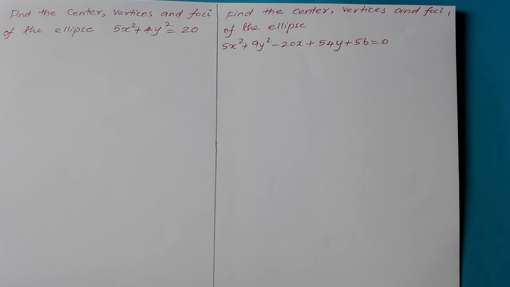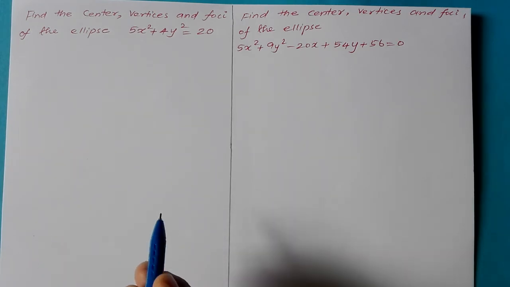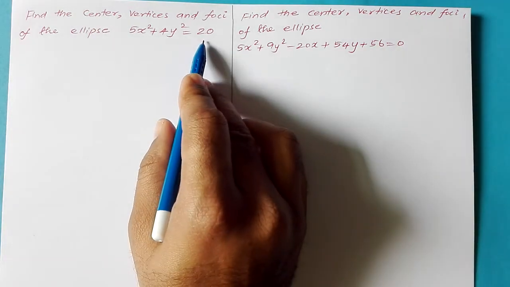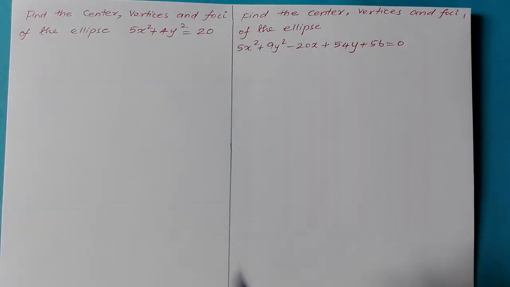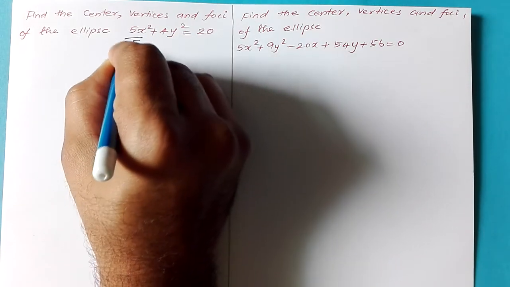Now the last problem we have here, it is not in the standard form. Find the center, vertices, and the foci of the ellipse. Every standard problem, it should be equal to 1, but here it is not equal to 1. Therefore, the entire equation I have to divide by 20.